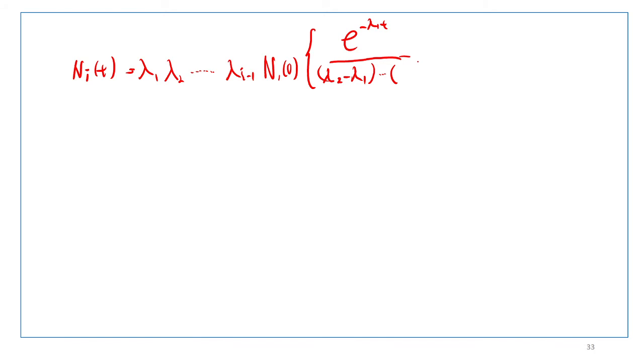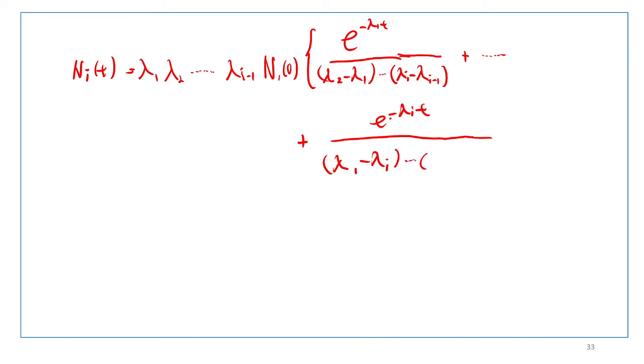Okay, until lambda I minus lambda I minus 1, plus, okay, and plus exponential minus lambda I t, okay, over lambda I, lambda 1 minus lambda I minus 1 minus lambda I.